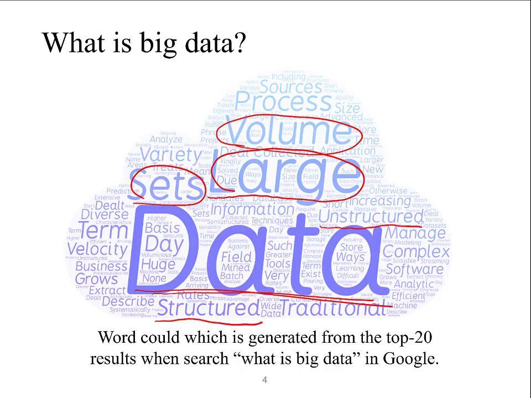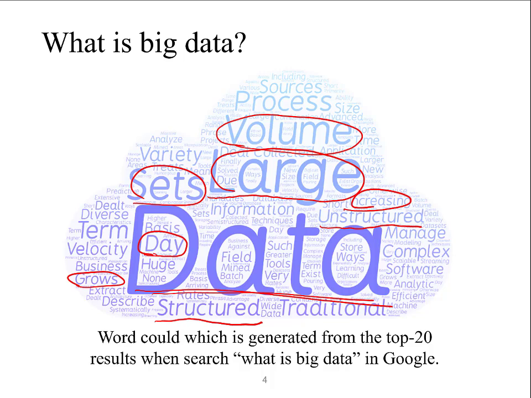And structured and unstructured here refer to different types of data, or in other words, the variety of data. Here the words increasing and growth describe the generating speed of data.